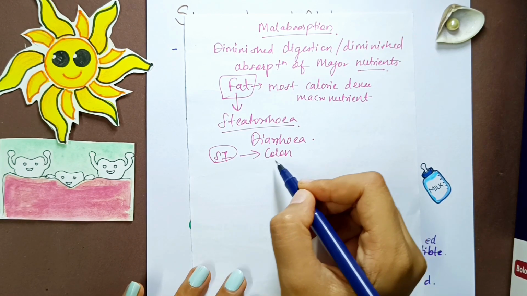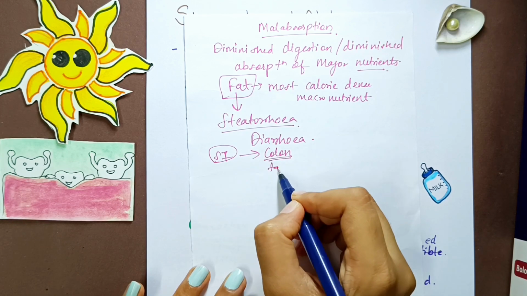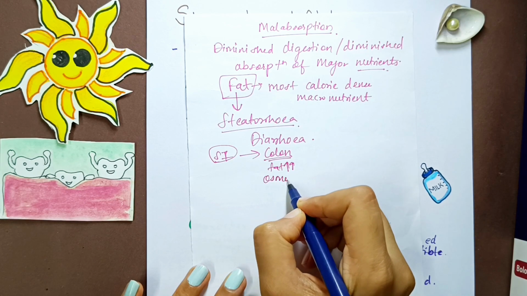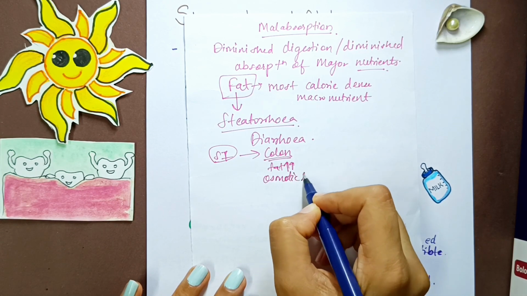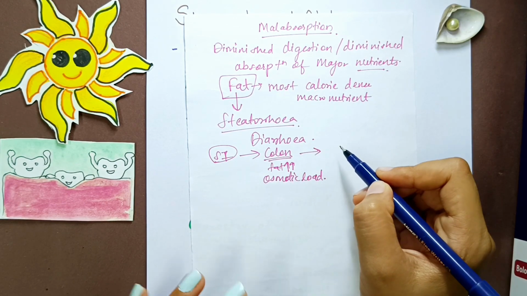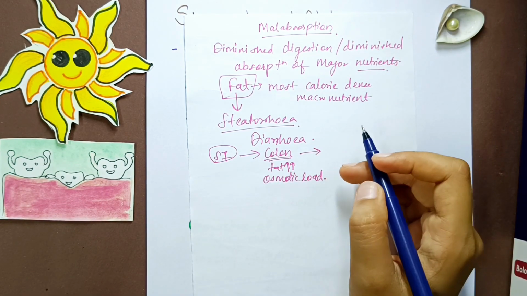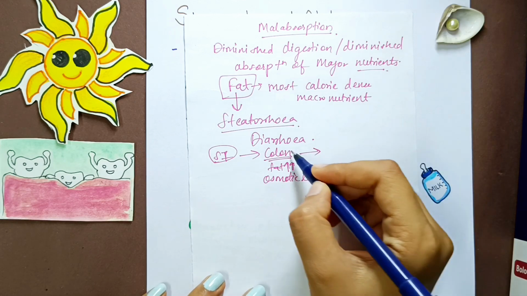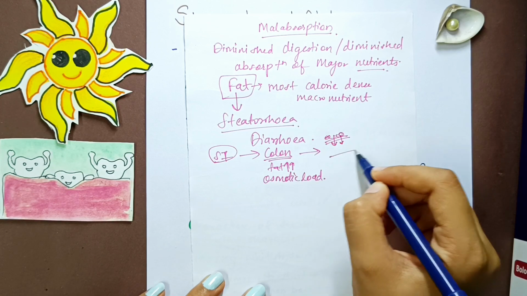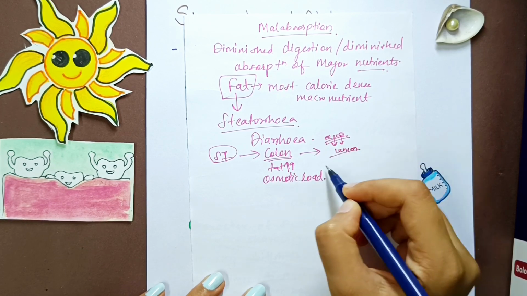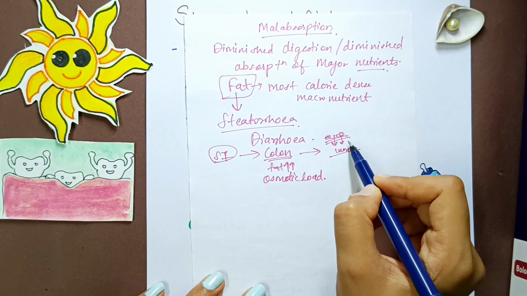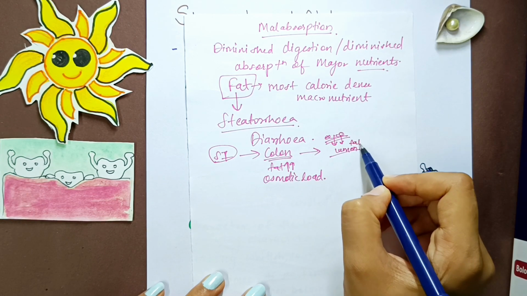What happens now in the colon is that because there is more fat than normally there should be, there will be more osmotic load on the colon, and because of that, more water will be drawn from the colon's epithelial cells. The cells of the colon will put more water into the lumen of the large intestine because more fat is present.